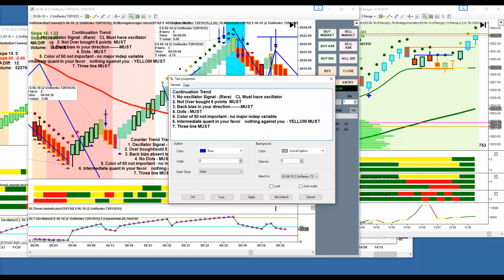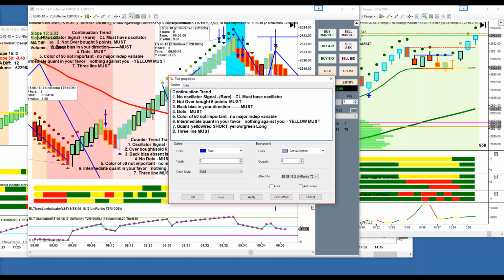For crude, we'll make that 7, and we'll make this 8. On a continuation trade, quant: yellow, red, short; yellow, green, long.